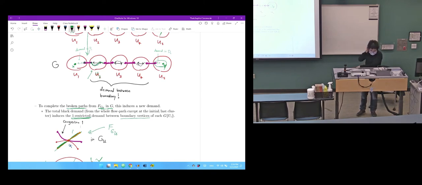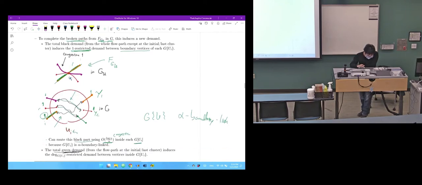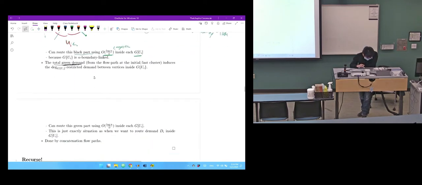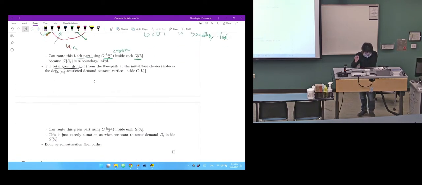But to route this green demand, it's going to be easy too, and the reason is that, so you see, I claim that you can route this green demand in total, like the total green demand can be routed in 1 over alpha as well.